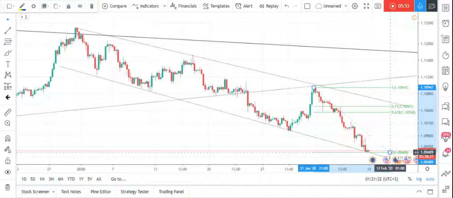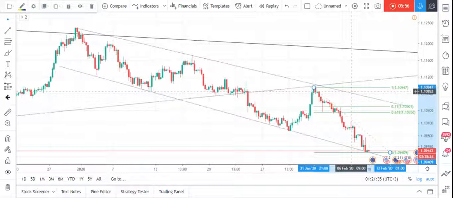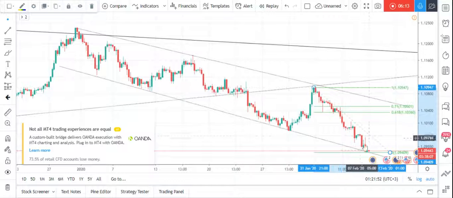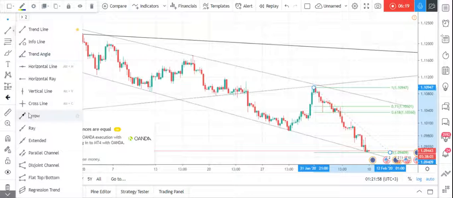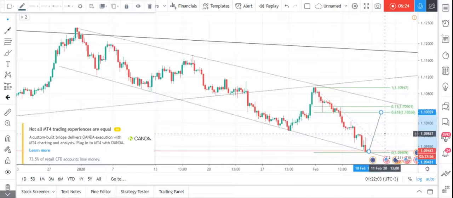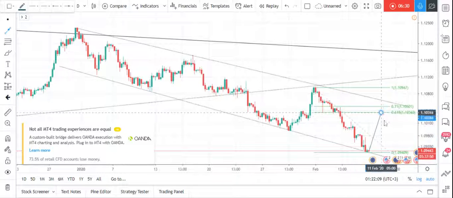And what we can expect at this point is that the price, if we have our high, we have our low at 1.0944, we can expect our price to rise to around the 61.8 Fibonacci before we sell, or maybe the 50 Fibonacci level, so that we can sell all the way down.